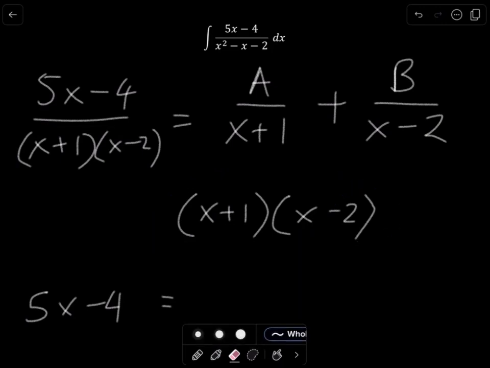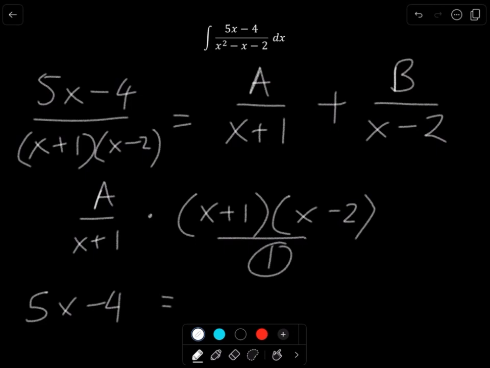So I'm going to multiply A by x plus 1. In fact, let me write it out here so you can see it. A over x plus 1 multiplied by x plus 1 into x minus 2 over 1. You can write the 1 there, it doesn't matter. Can you see how the x plus 1 and the x plus 1 will cancel off? But the x minus 2 does not cancel off.